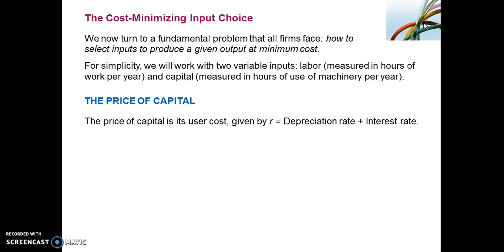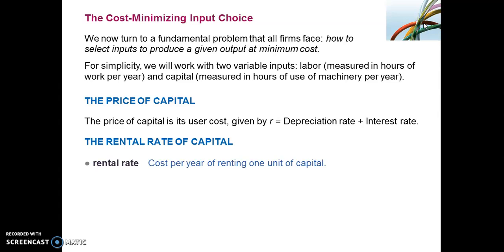For instance, if you bought all the printing machines you needed for our hypothetical print shop. But what if you rented it instead of purchasing it? Then we say the price of capital is the cost each year of renting a unit of capital, and that is referred to as the rental rate. The rental rate is the cost per year of renting one unit of capital.